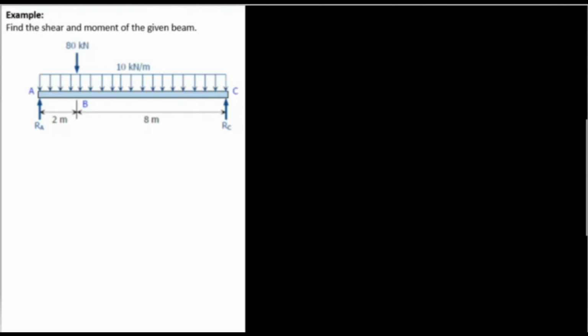Another example. Find the shear and moment of the given beam. So we have a beam from A to C with a uniform load of 10 kilonewton per meter and a concentrated load at point B, which is 80 kilonewton, and a reaction at A or RA and a reaction at C or RC.